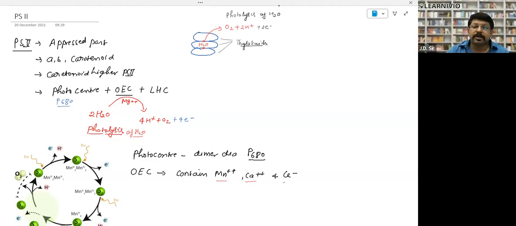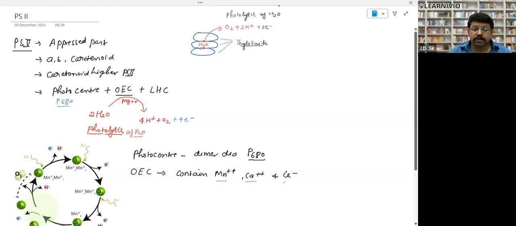So how does PS2 break down the water molecule? Photocenter and electron carrier are present in PS1 as well, but PS2 has one more important component called OEC. What is OEC? Oxygen evolving complex.